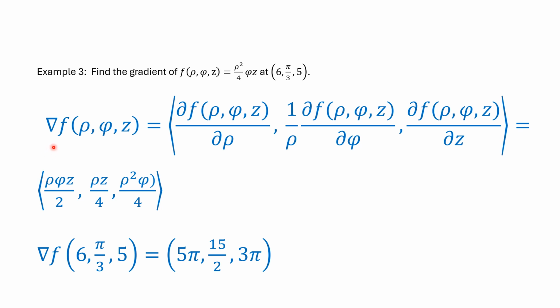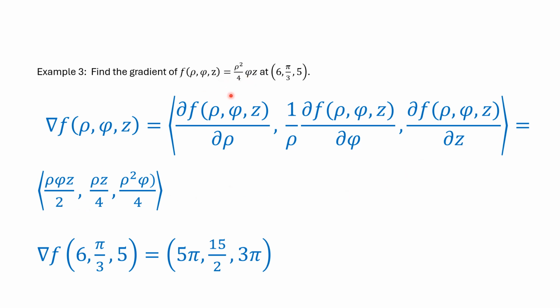The gradient of f of rho, phi, z is going to be the partial of f with respect to rho, plus 1 over rho times the partial with respect to phi, plus the partial with respect to z.